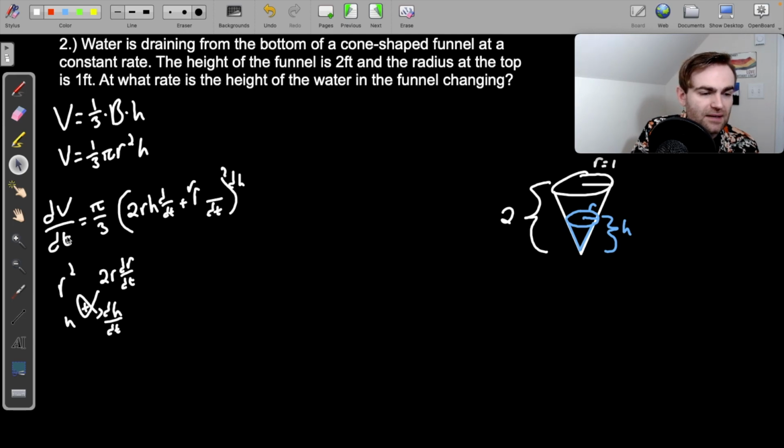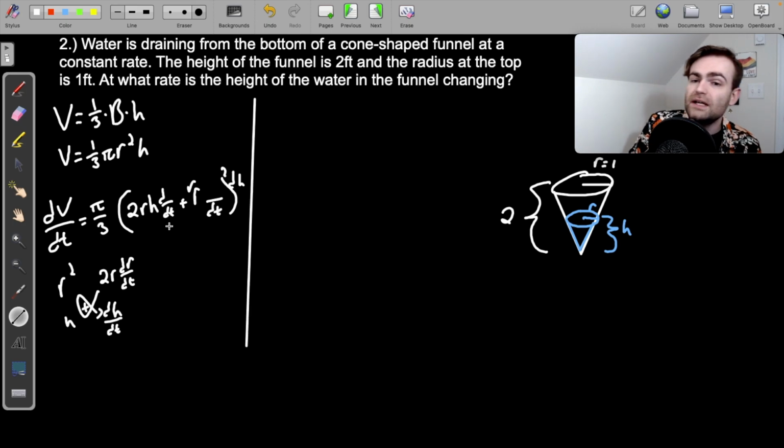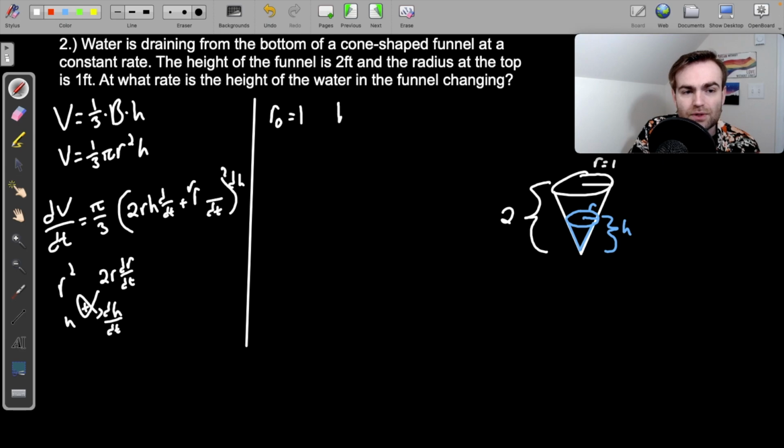We can actually do that by talking about some relationships. There are more relationships going on than just the volume. They gave us the original radius was 1, and the original height was 2.